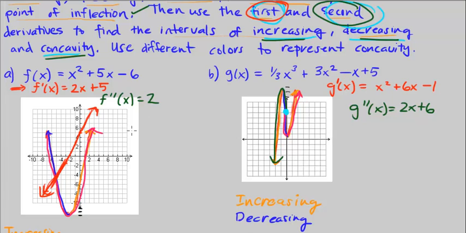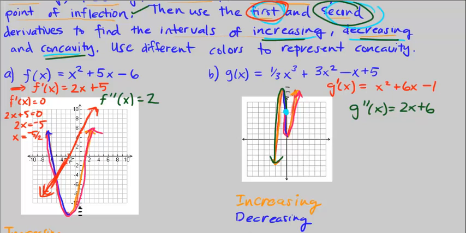So let's go ahead and find those regions. Let's use this and set it equal to 0. f prime of x equals 0. And so that means 2x plus 5 equals 0. So let's solve for x, subtract 5 from both sides. 2x is equal to negative 5. Divide by 2. x is equal to negative 5 over 2.